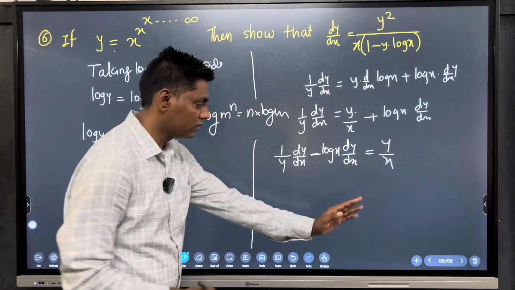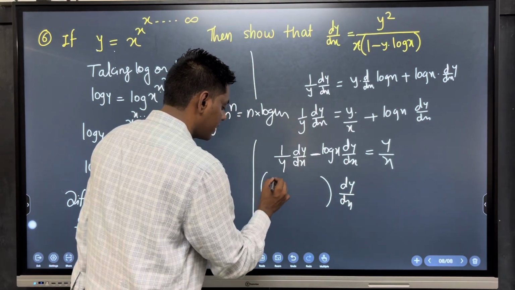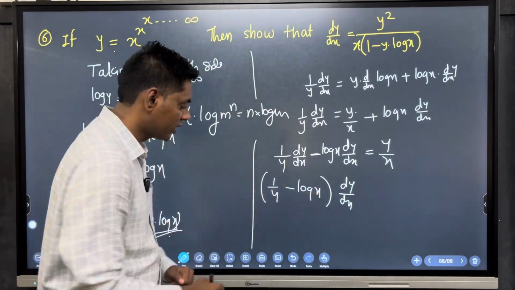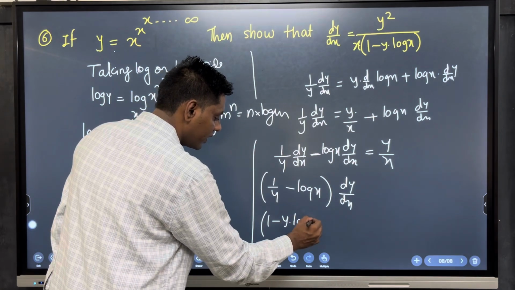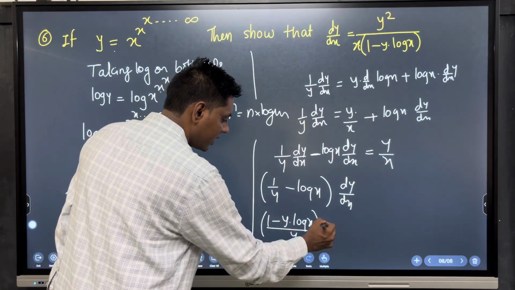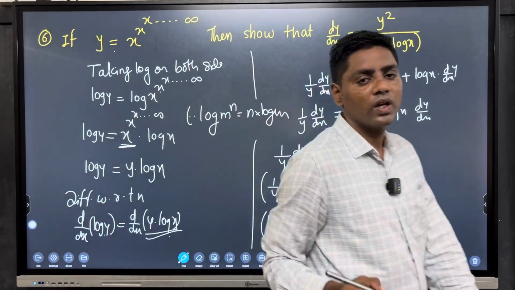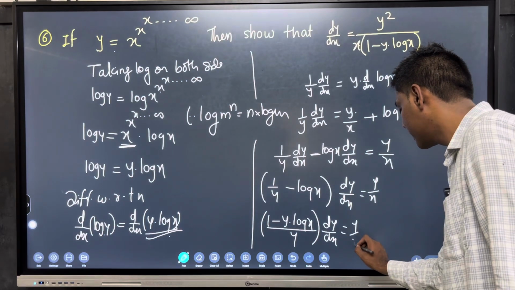Simple, taking dy by dx common, what is present inside the bracket is 1 upon y minus log x. Solving by cross multiplication, we get 1 minus y into log of x, bracket complete, divided by y, equal to y divided by x.